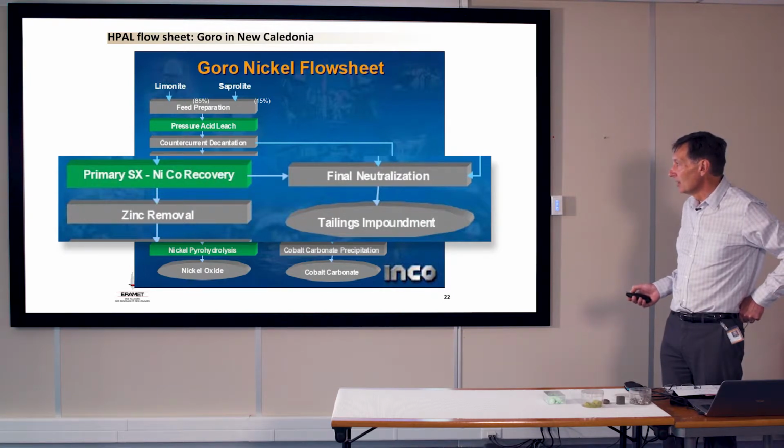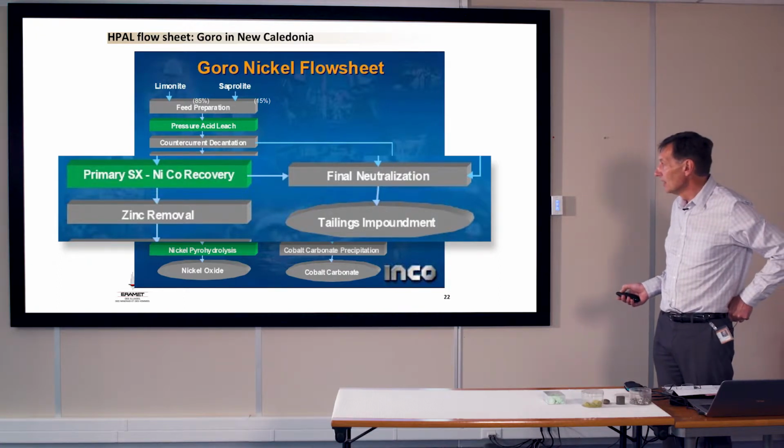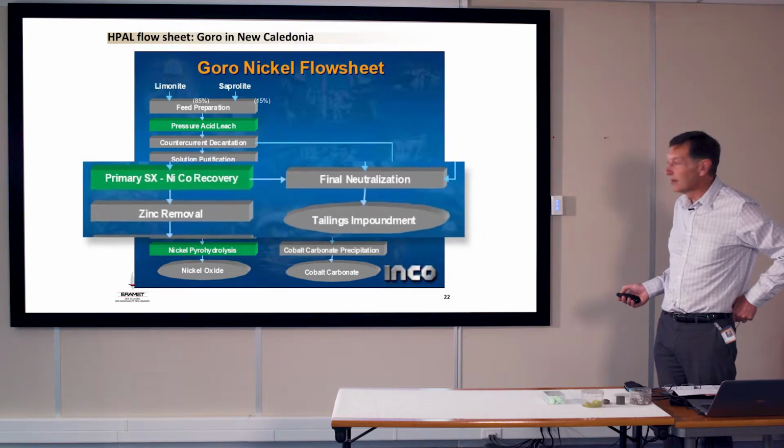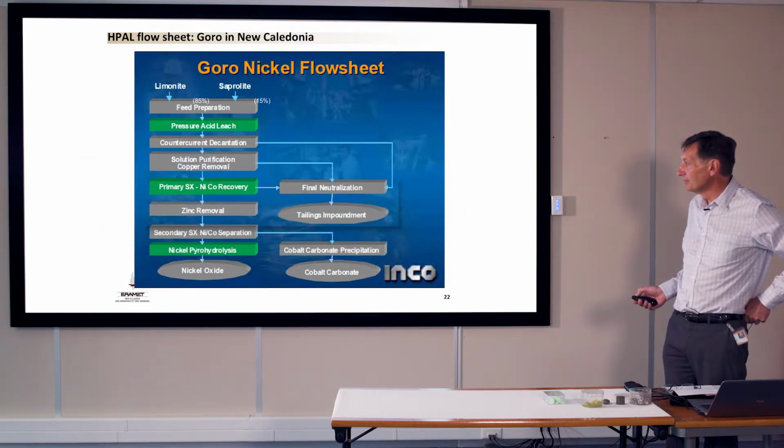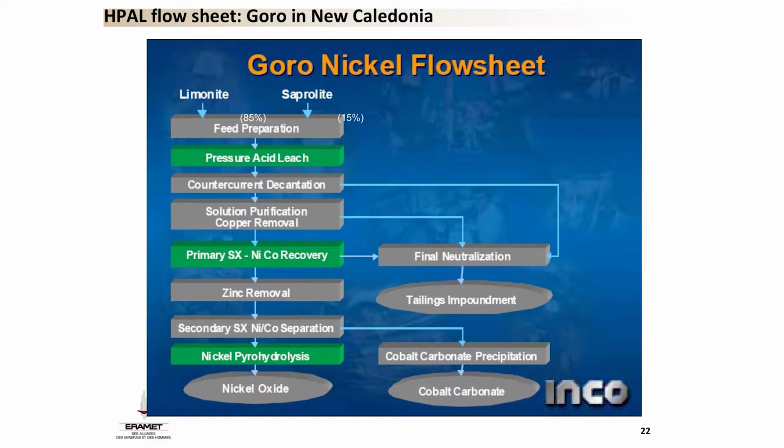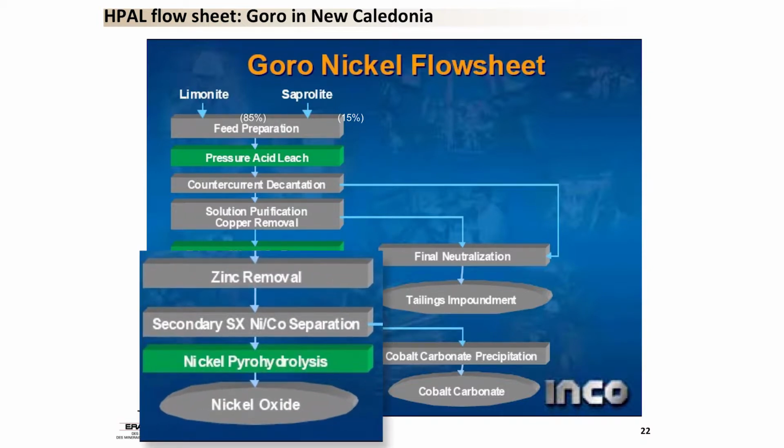And after this recovery, in the solution remains only the manganese and the magnesium, and they are neutralized and put in a residue. On the stripping part, on the element coming from the solvent extraction, they recover the zinc on ion exchange resin, and there is a second solvent extraction to separate nickel and cobalt.